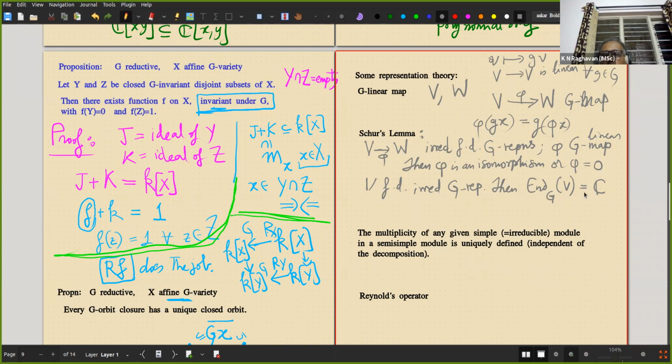Again, the proof, if you have not seen, is very pleasant. What you do is you take such a map φ from V to V, and it has an eigenvalue, and that, along with the fact that it commutes with G, means that if it is not constant, then it will violate this. I'm not saying this very well, but it's a very pleasant exercise. I will not spoil it for you.